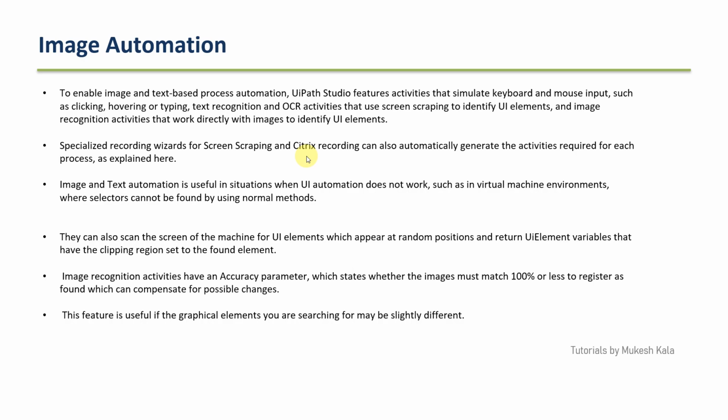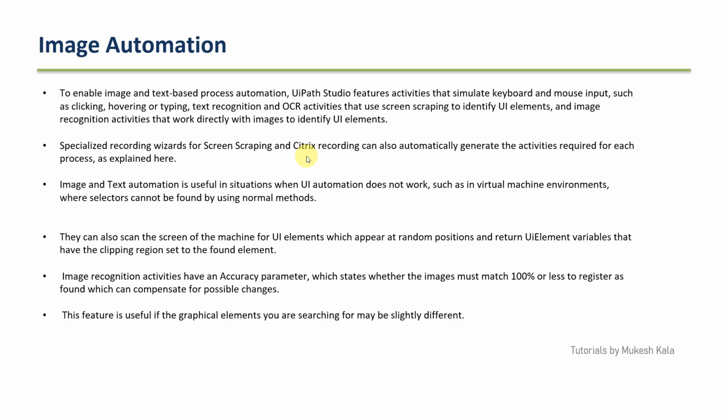It can be used in a virtual machine as well. Image automation does not see the UI element as a selector, but as an image. They look for the image, they look for the text.